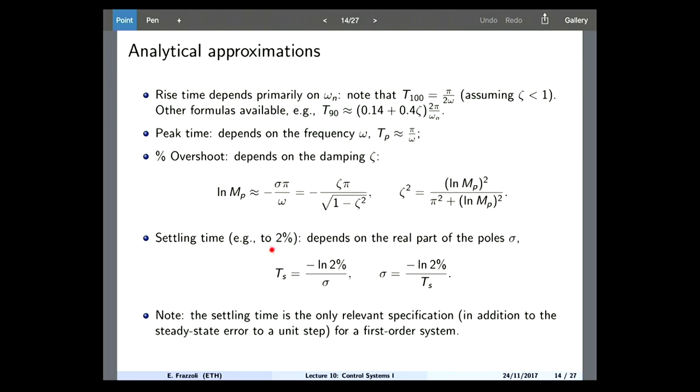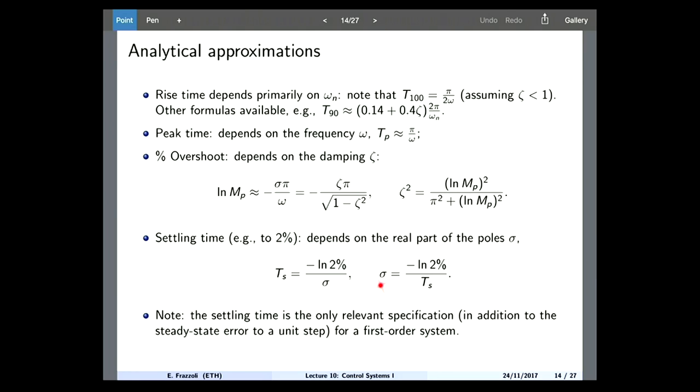Settling time depends only on the real part of the poles, okay? The amplitude of the response will vanish as e to the power minus sigma t. By what time will e to the minus sigma t be less than, say, 2%? Well, that has to do with a logarithm somewhere. You have to invert the exponential, right?